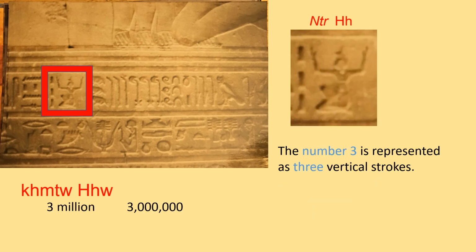So we can identify this as 3 million. The word for 3 is Kim2. So this is Kim2 Heu, 3 million. Written in Hindu Arabic, we have a 3 with 6 zeros.